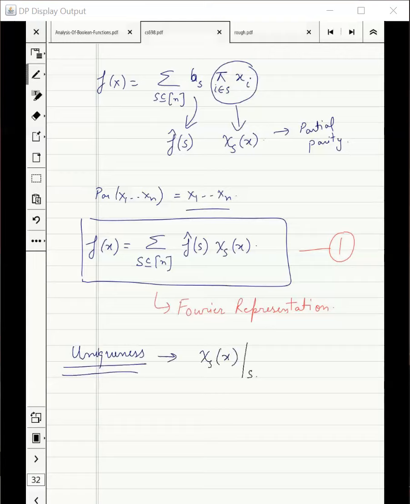There are again 2 to the power n subsets. We are writing the function as a linear combination of these chi-sx's. We are going to show that these are linearly independent. Actually, more strongly, they are going to form an orthogonal basis of R to the power 2 to the n.